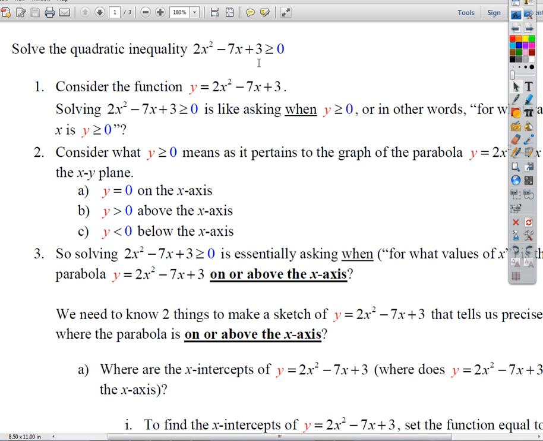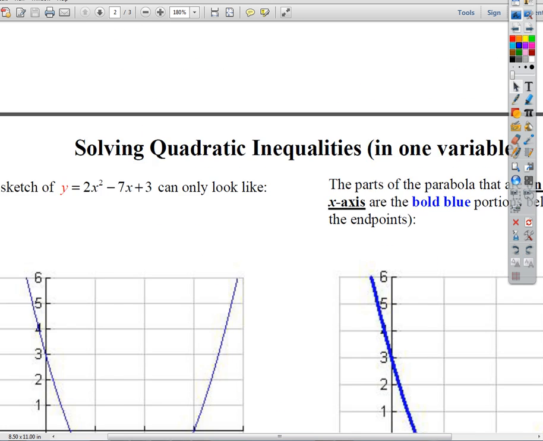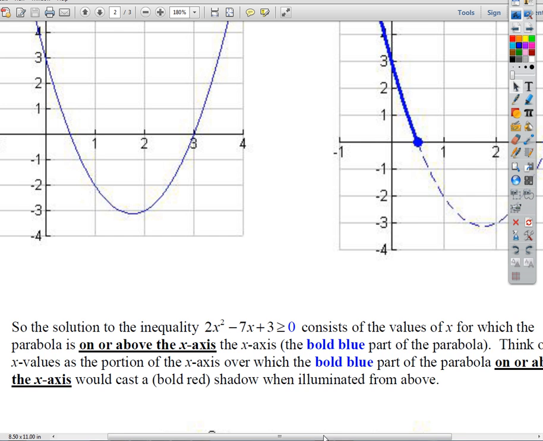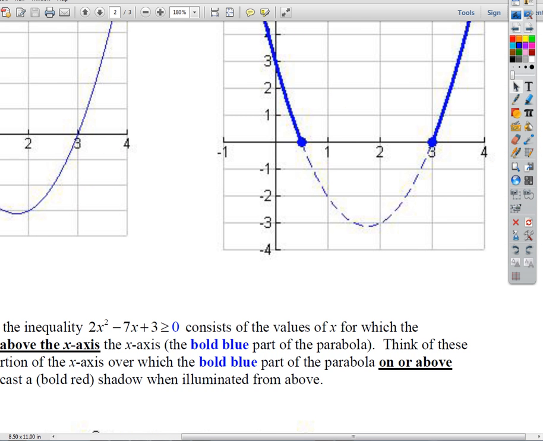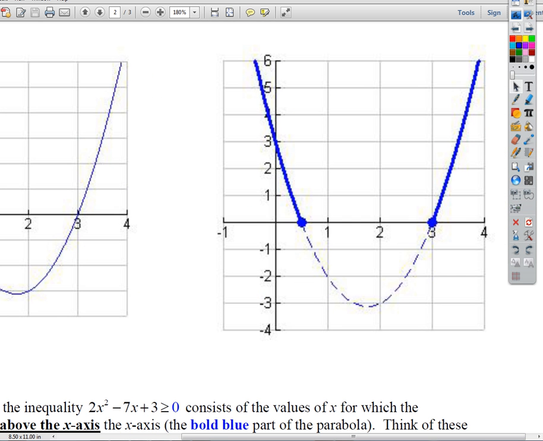So looking at my sketch then, which x values are we talking about? What are the x values that go with those parts of the parabola? If I were to look at any of these points on here, like this point right here, for example, think of its coordinates.